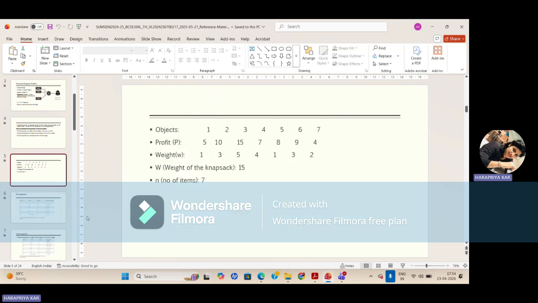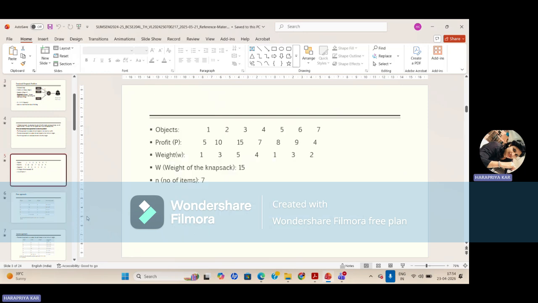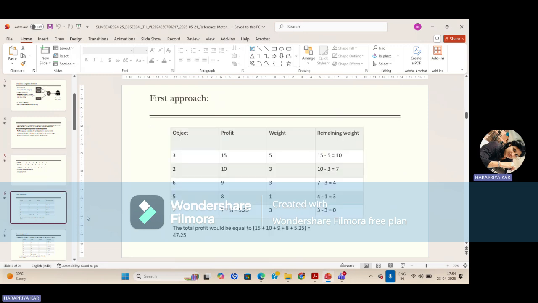Next you see the next object is 6. 6 is the next maximum, that is 9, and the weight is 3. So the remaining is 7 minus 3. I will tell you how the remaining weight is calculated.